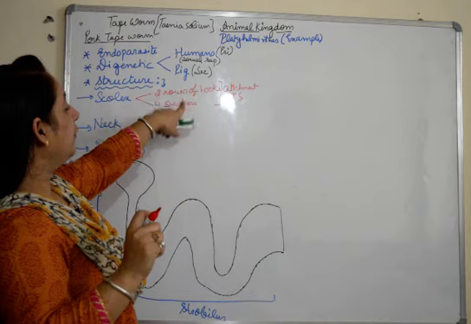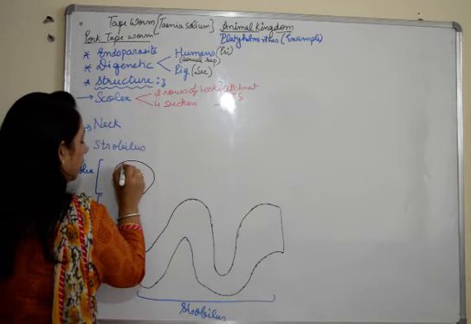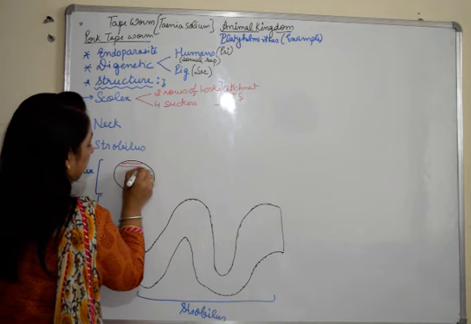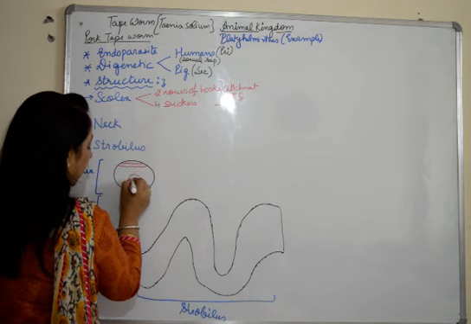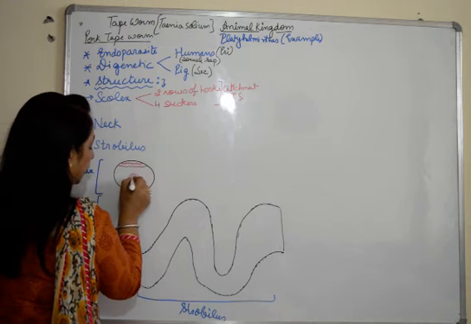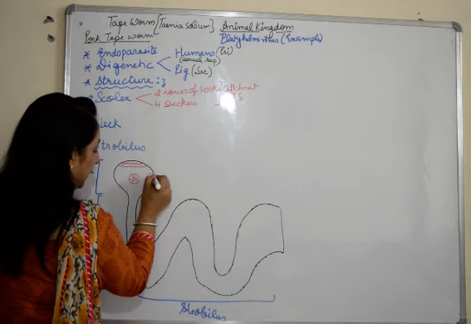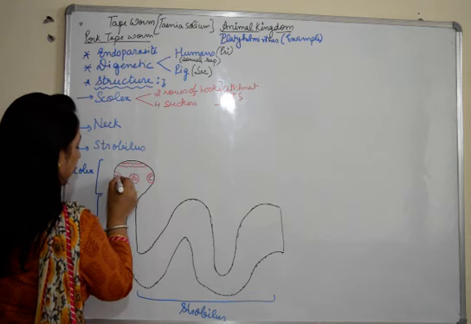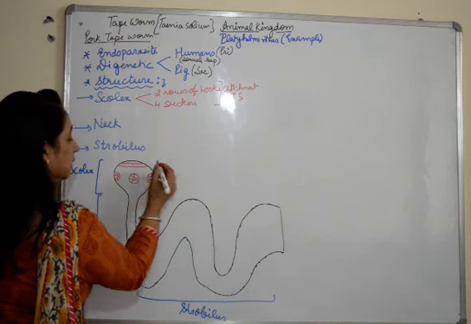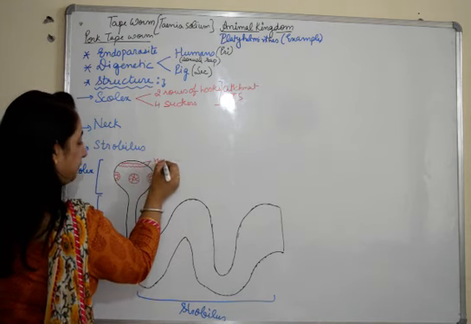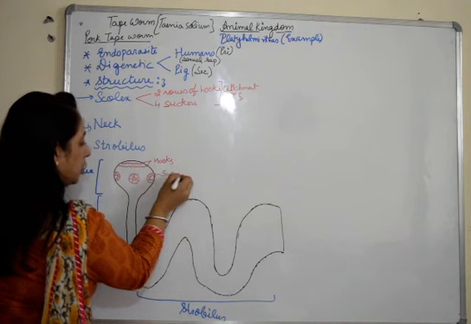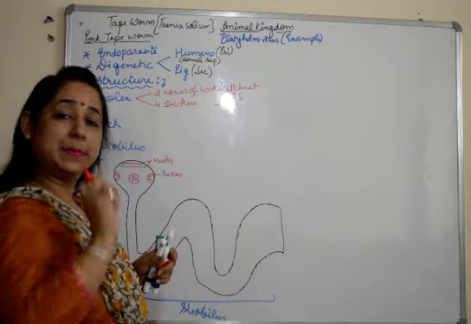You can see these two rows of hooks here on the anterior portion, and it has four suckers. Out of these four, one is clearly visible, two on the sides, and one is at the back, which is not visible here. So these are hooks, and these are suckers. So this is the scolex part which helps in attachment.